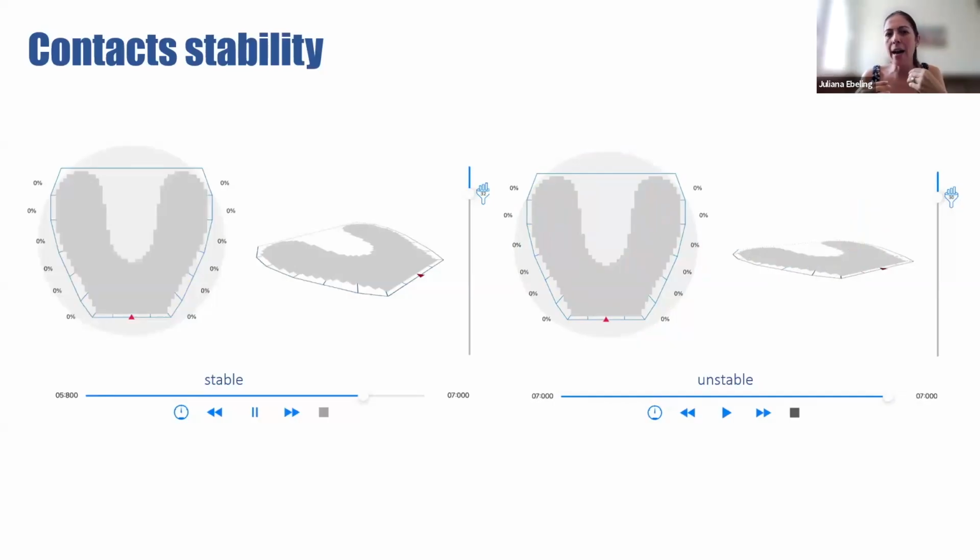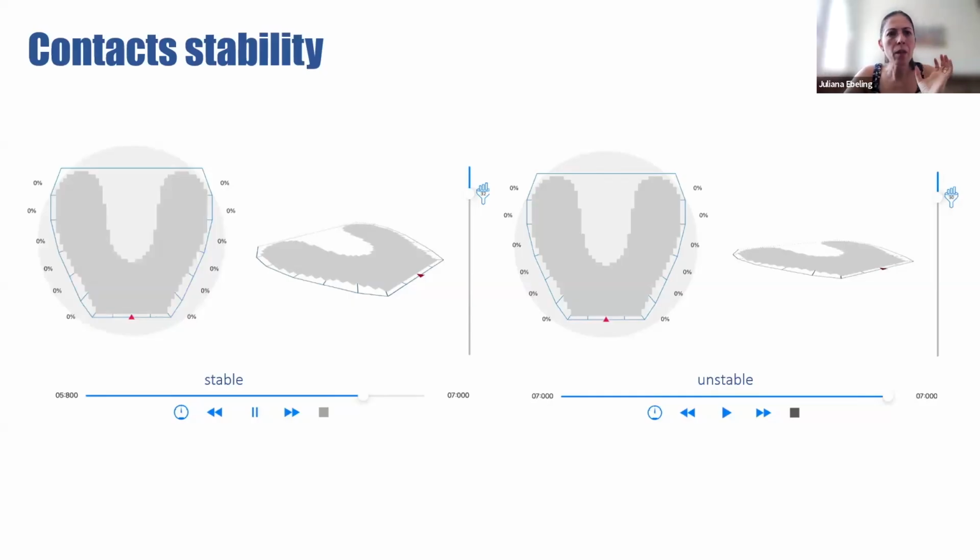For example, I will just change a crown. Okay, but in which position will you adjust this crown? You need to understand how the system is working to decide, okay, I will use this crown to stabilize this system, and I need to know in which position I will use it to stabilize this patient.